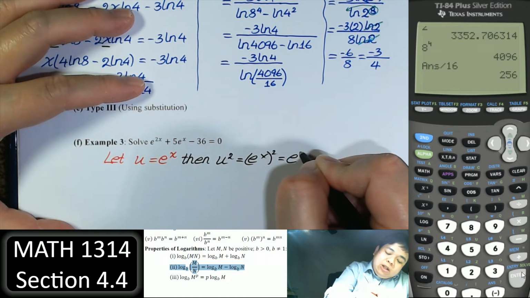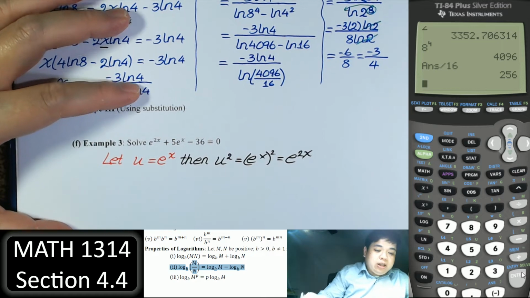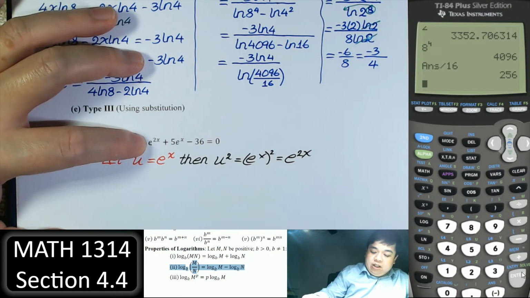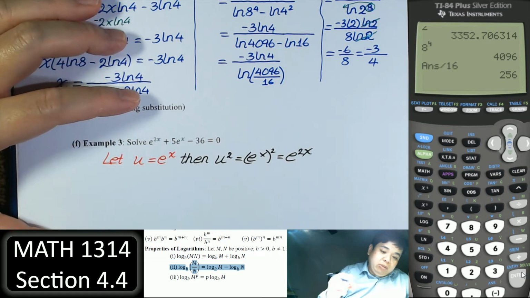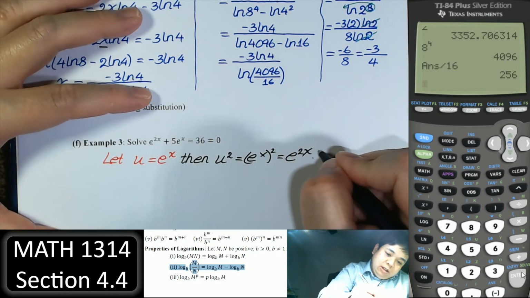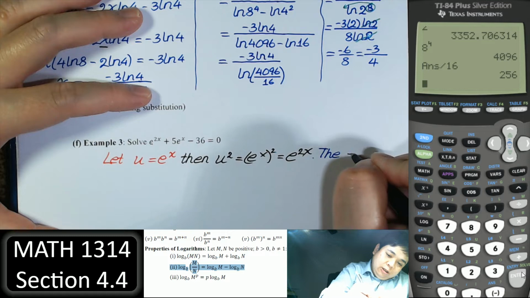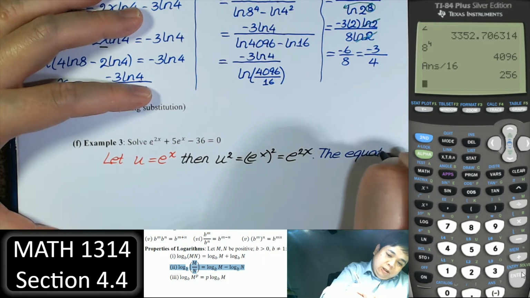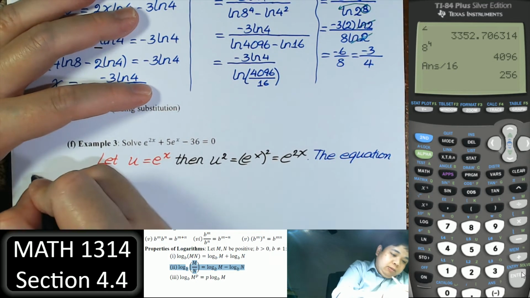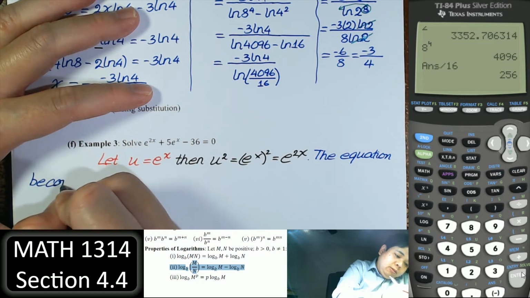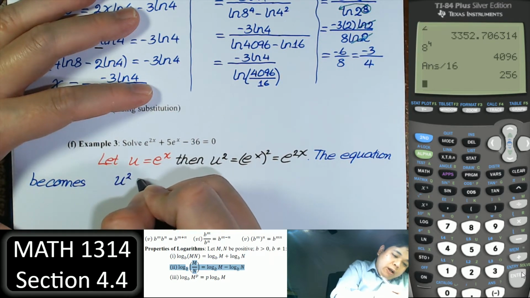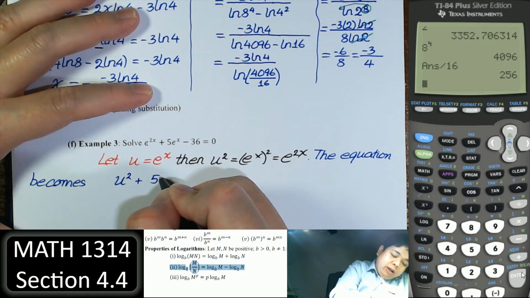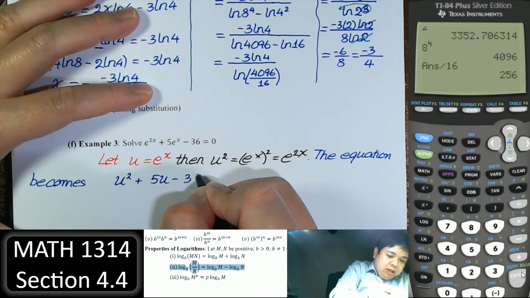We have e to the 2x. Now that's exactly what we have here, e to the 2x and e to the x. So the equation becomes u squared plus 5u minus 36 equal to 0.